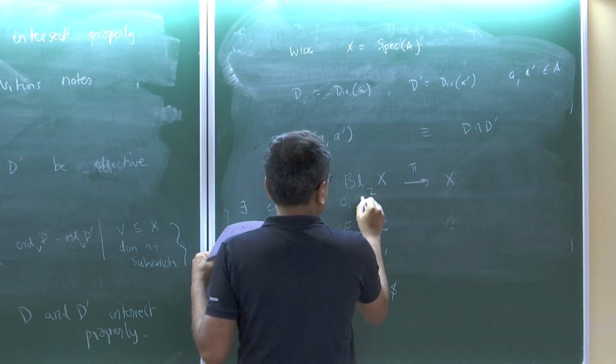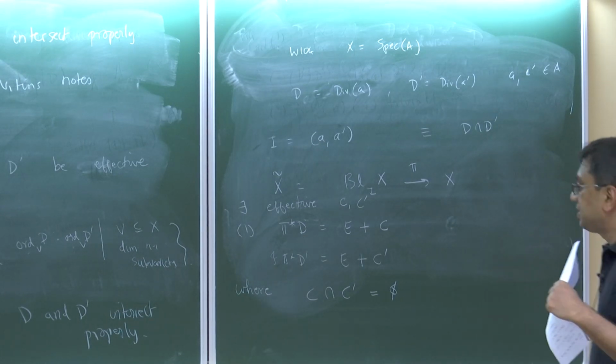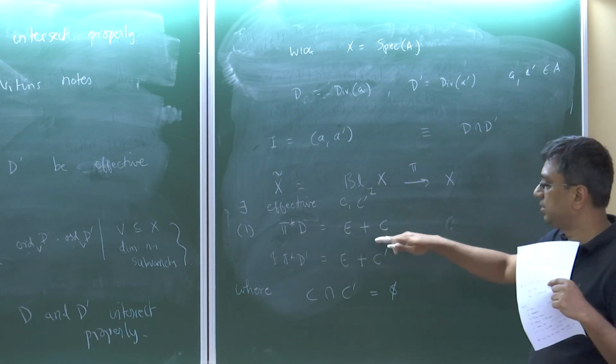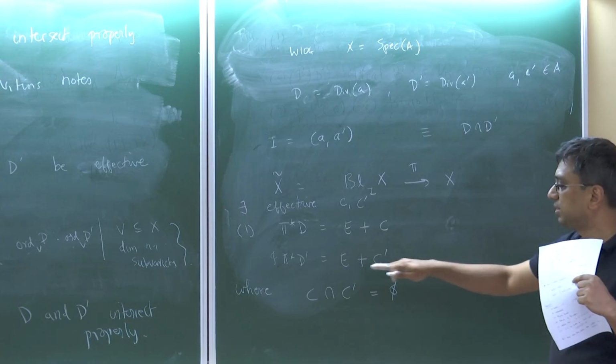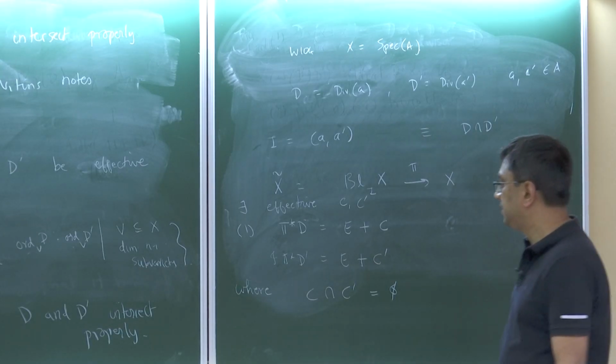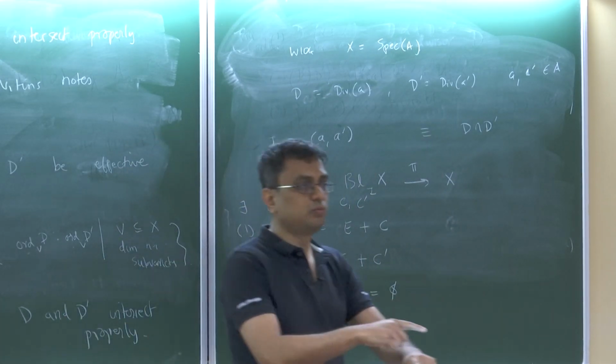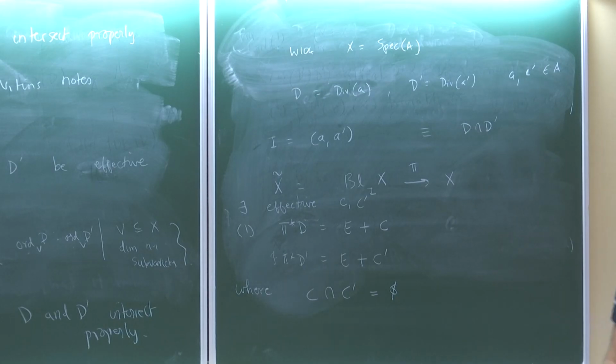Cartier divisors C and C dash such that pi upper star D is E plus C, pi upper star D dash is E plus C prime, and there is something better about C and C dash, namely that they don't intersect, so I don't have to worry about whether they are intersecting properly or not.